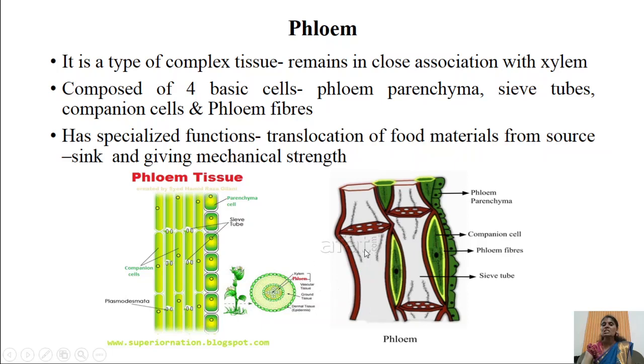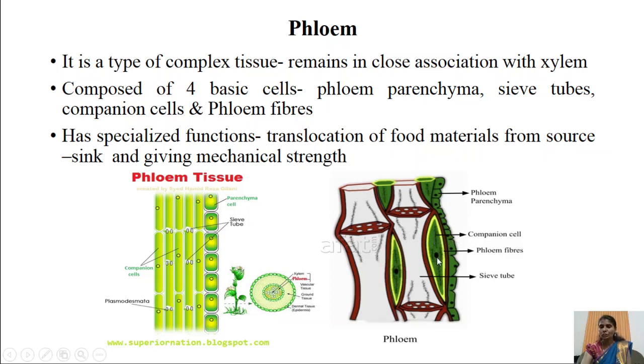So this is the enlarged view of phloem tissue, where it is made up of 4 different types of basic cells. Phloem parenchyma is always towards the outer region, the outermost layer. There are also companion cells which give company to the sieve tubes, hence the name companion cells.